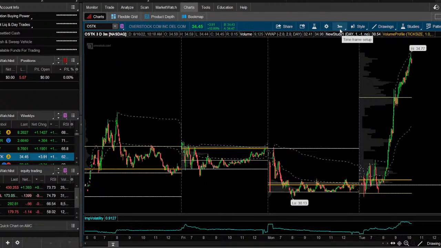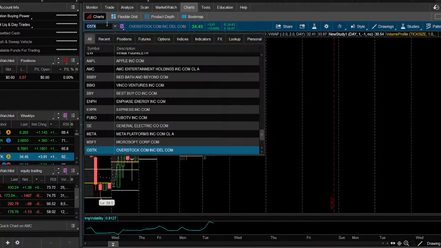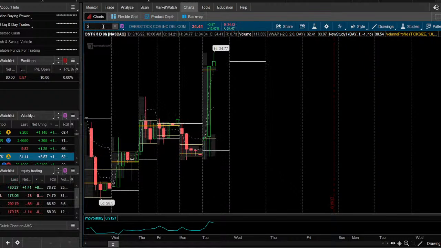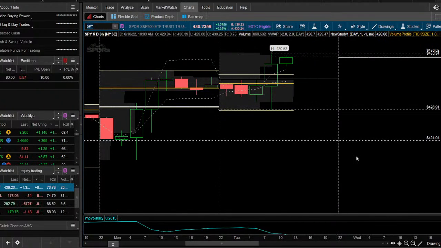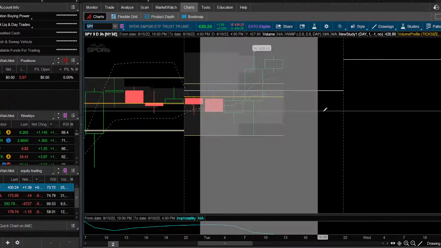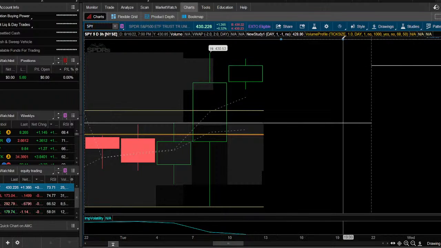Overstock is up 12%. Sheesh, man. Yo, what's up with SPY though? Alright, so now we're retesting the SPY. I might be streaming for about 40 more minutes.